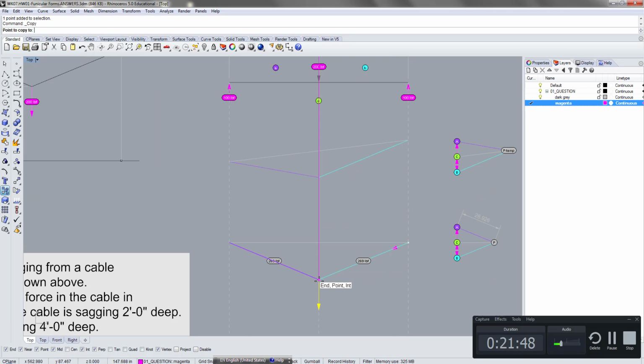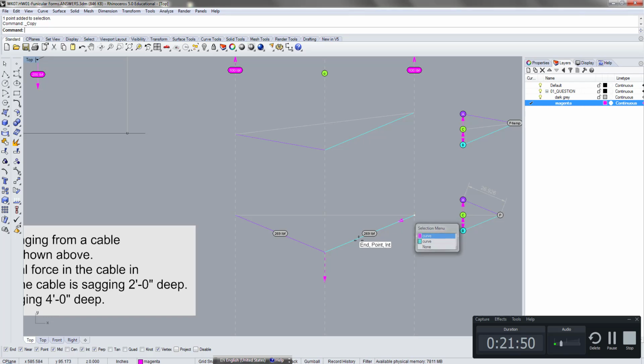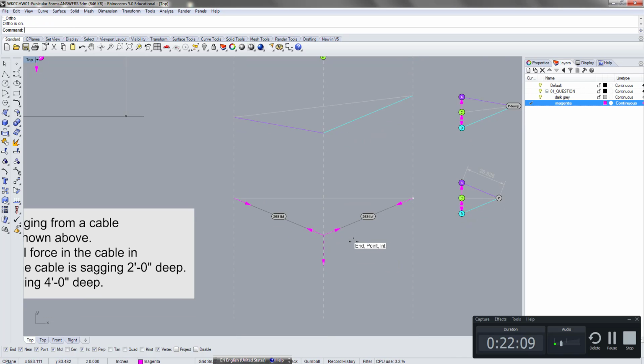The weight is hanging down. So that's kind of what's going on. I mean, this scale is kind of wrong.